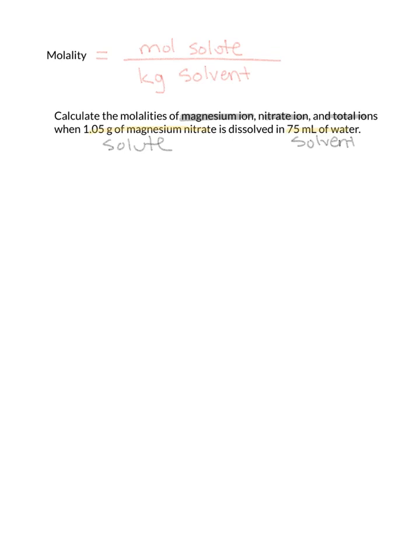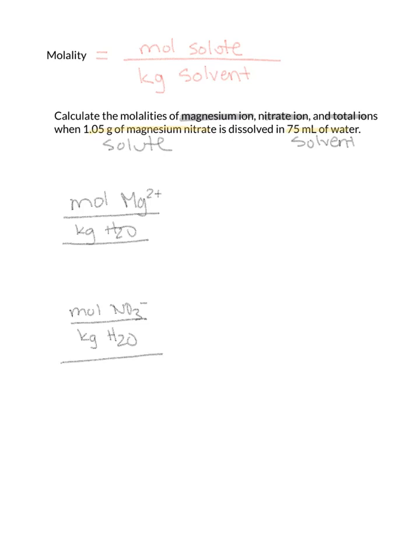So again, I can set myself up for moles magnesium 2 plus in kilograms of water, moles of nitrate in kilograms of water, right? The molality of magnesium, the molality of nitrate, and the total molality.